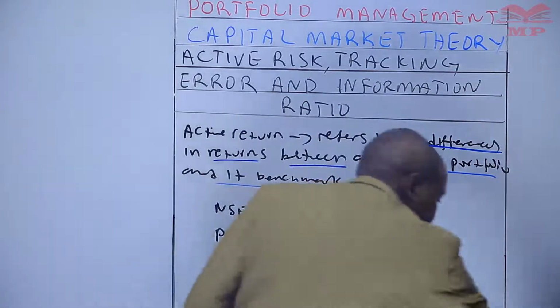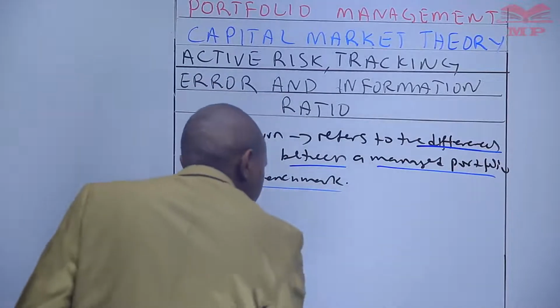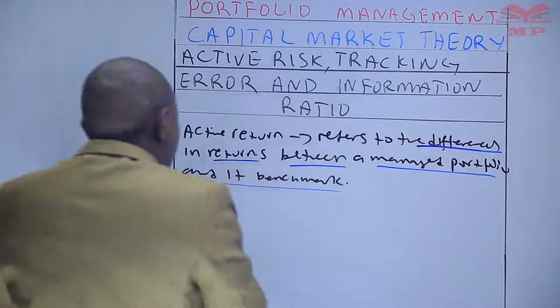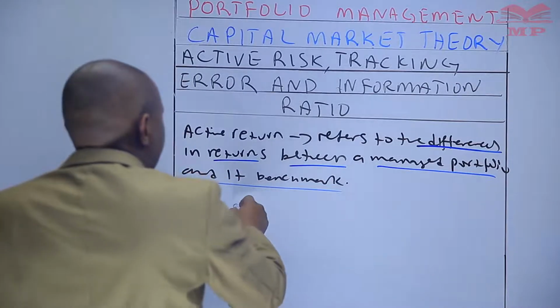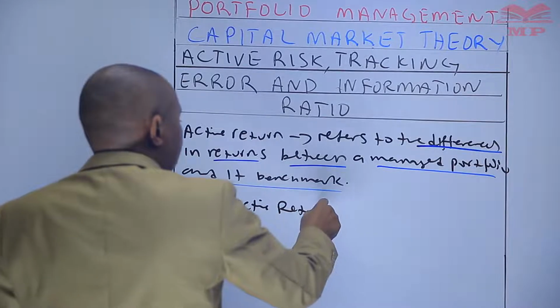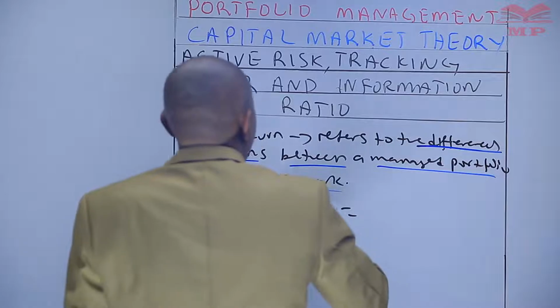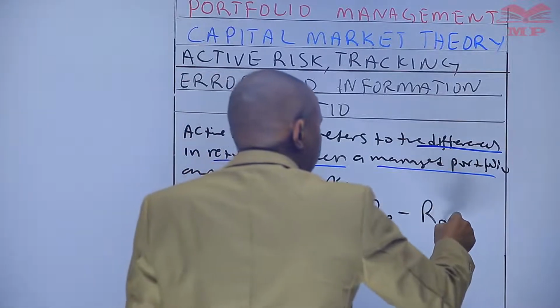Moving on, we can say that active return is therefore return on the portfolio minus return on the benchmark.